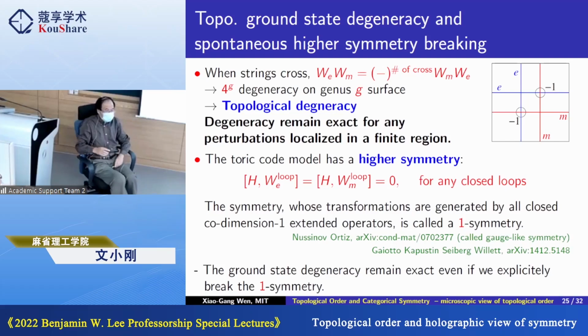Remember, if both strings are contractible, then either they have no intersection or they have two intersections. There's no way to have one intersection. But when both strings have this non-contractible topology, you can have the situation of one intersection. It's very special. Then that means these two string operators anti-commute.